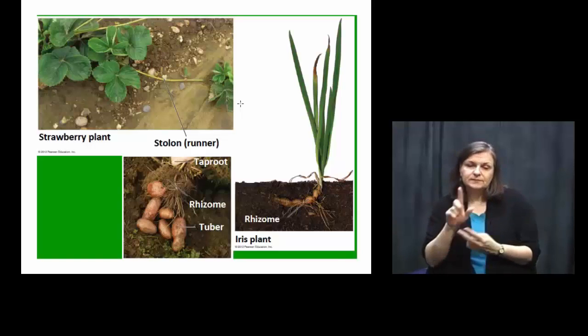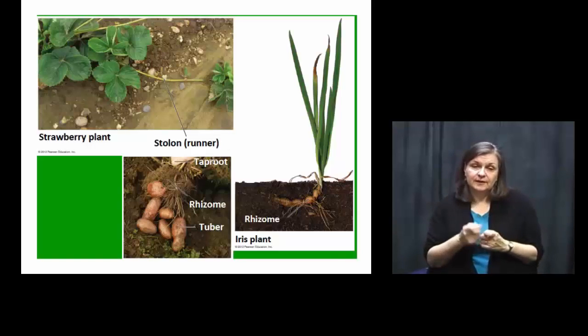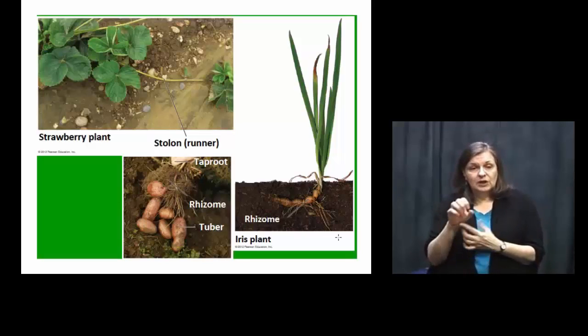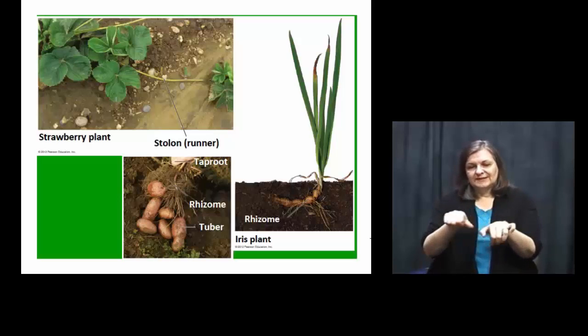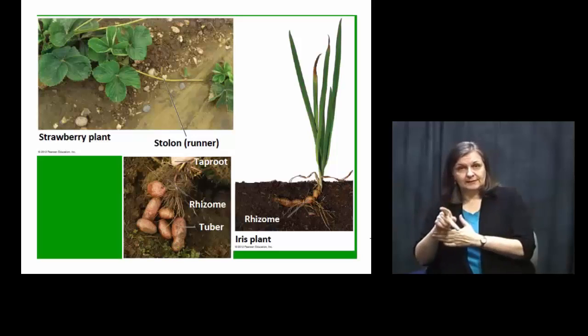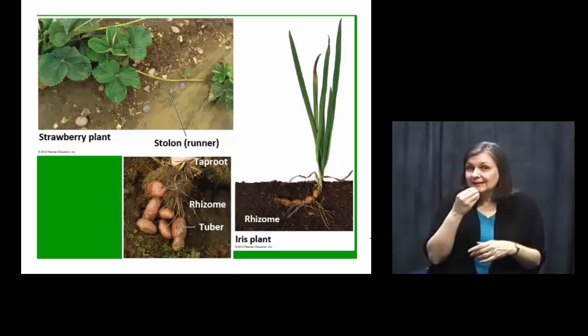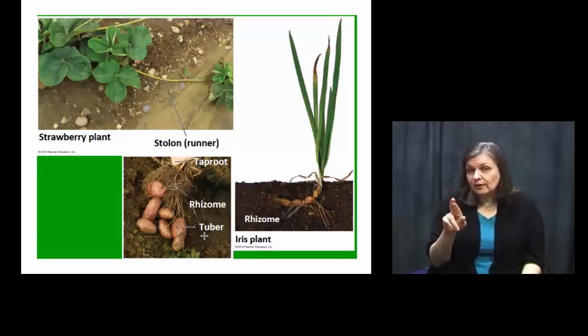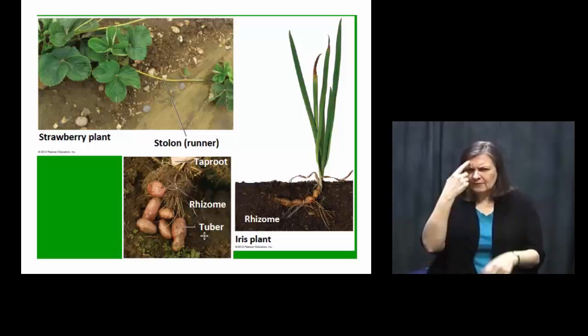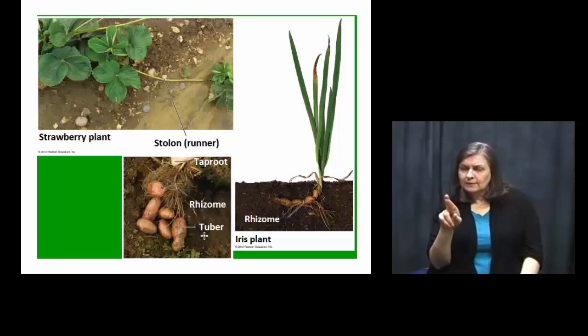Now, there are other modifications such as tubers and rhizomes associated with plants that increase the surface area and increase the storage capability of those modifications. So you've probably eaten a tuber at some point in your life. What would you call a common name for tuber?